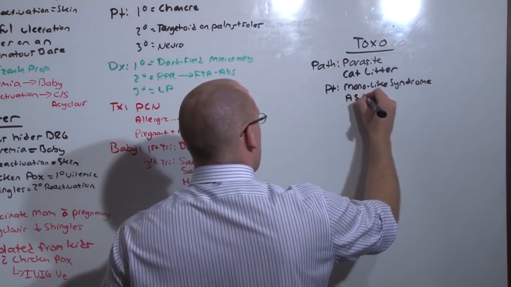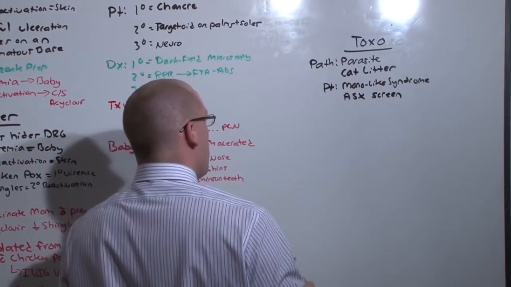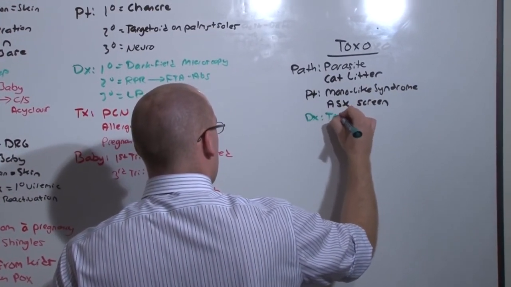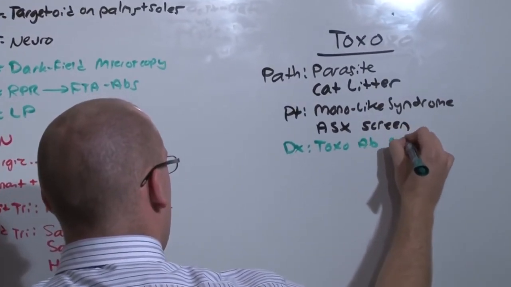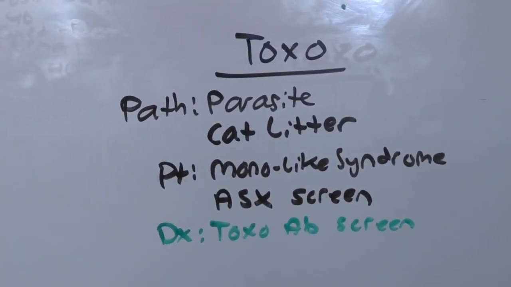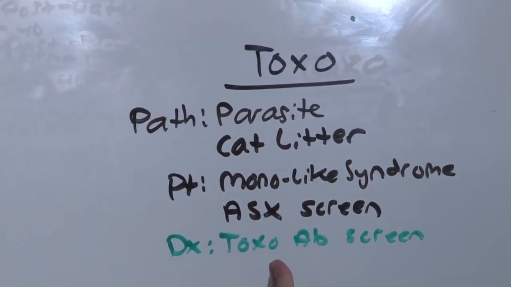So likely it's going to be asymptomatic and we simply screen. Every patient, every time, gets a toxo antibody. If they are toxo positive, it means that they have had exposure to toxo and have cleared it. This is why we get the toxo antibody early on in pregnancy. If they're toxo negative, then they can become infected.